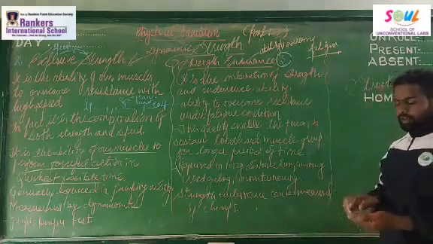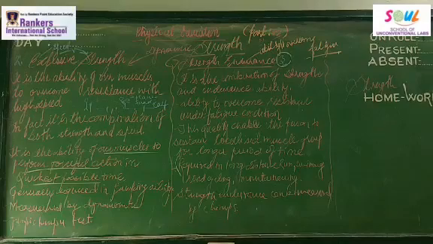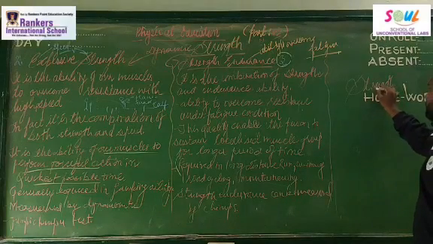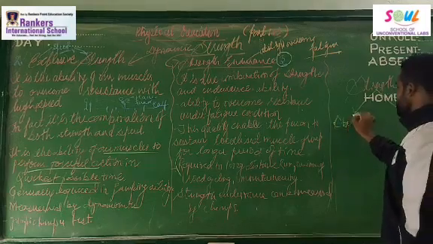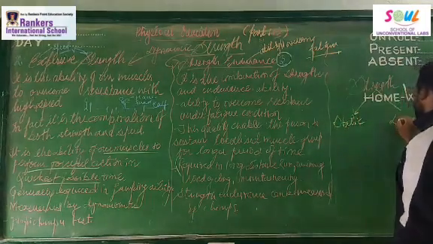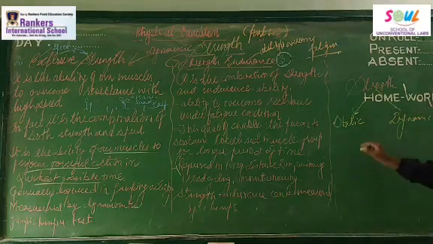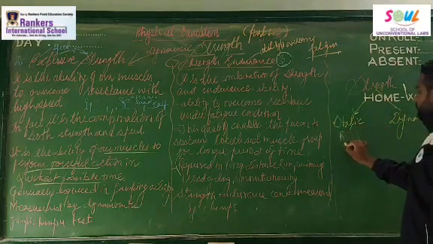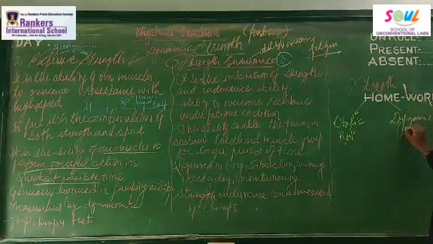Now we are going to recapitulate the next thing, that is the flowchart of strength. Strength is of two types: static strength and dynamic strength. Static means the thing which is at rest. Dynamic means the thing which is in motion.